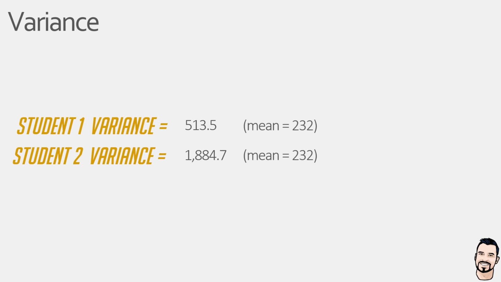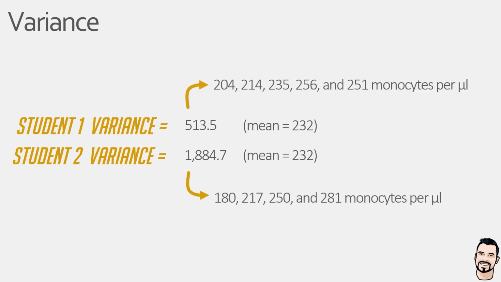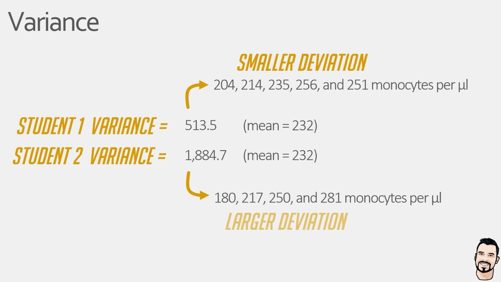And if we bring up the raw data for each of these data sets, we can see that for the first example, the cell counts are closer to the mean, resulting in a lower variance value, which essentially means the data values in the dataset are less dispersed. Then on the flip side, the cell counts for the second student in our second example are further from the mean, resulting in a higher variance value, which essentially means the data values in the dataset are more dispersed.